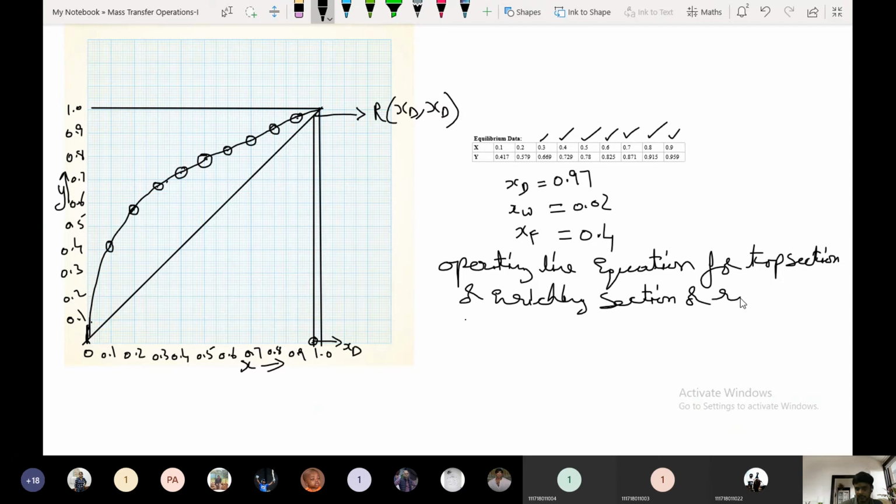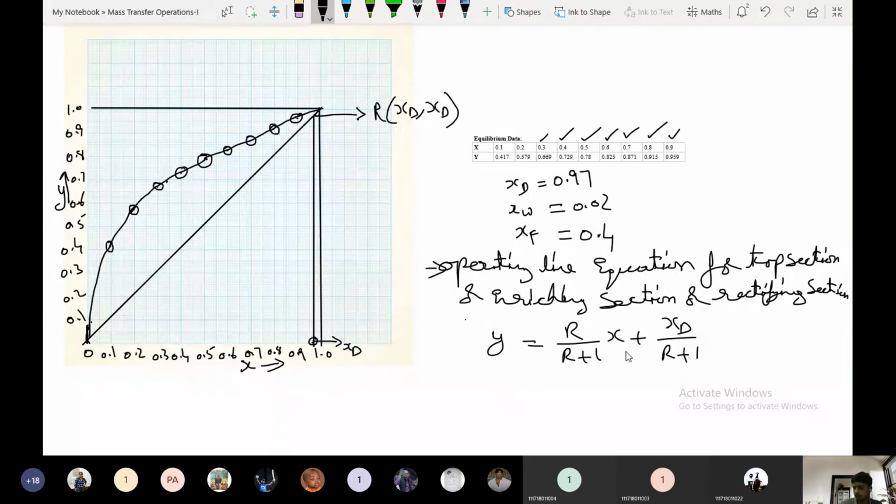All are the same. The operating line equation, as we already know, is y equals r by r plus 1 into x plus xd by r plus 1. So the intercept is xd by r plus 1. XD is 0.97 divided by r, which is given as 3, so 3 plus 1, that is 0.97 divided by 4.